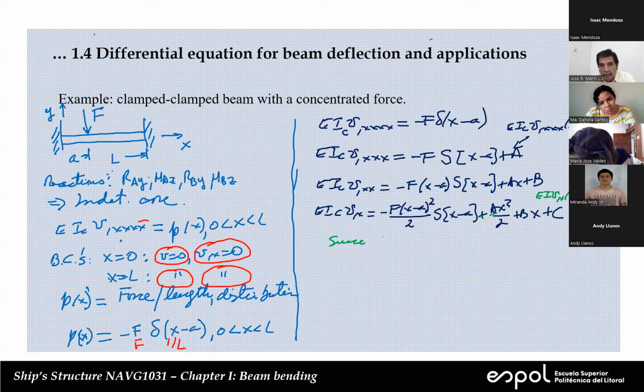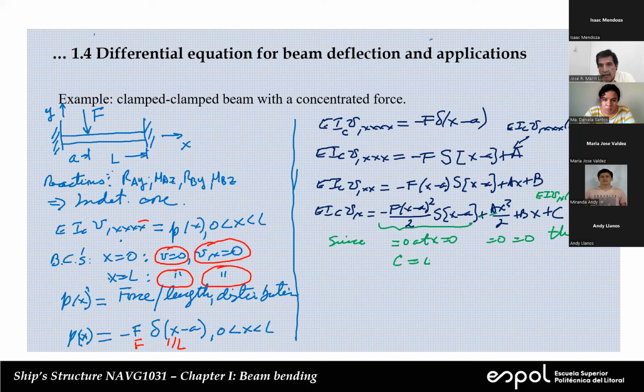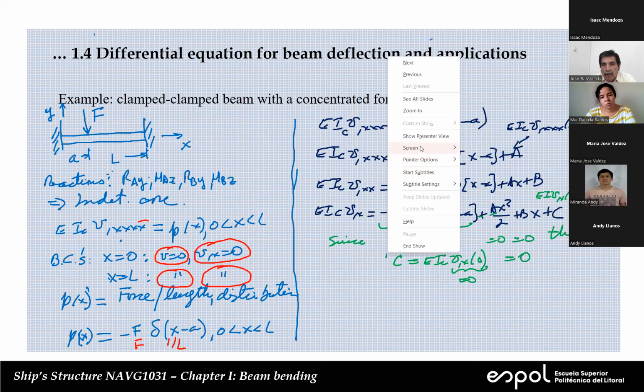Since this is equal to 0 at X equal to 0, then C is equal to EI V comma X at 0. And since this is equal to 0, then C is equal to 0. This is something that if we recognize, we can save some time. We can go on.